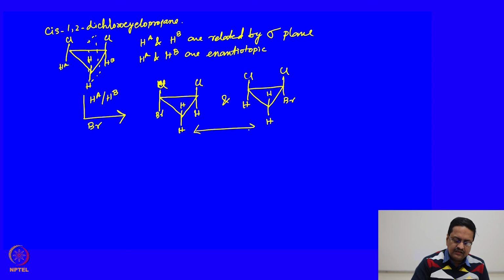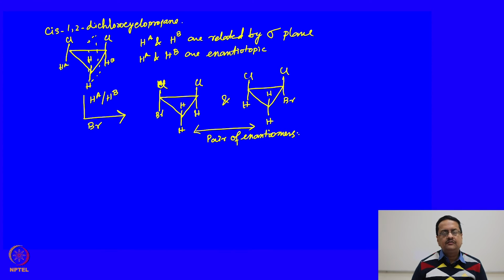These two compounds are again a pair of enantiomers. Therefore, these two hydrogens can be termed as enantiotopic hydrogens. Now, let us move to diastereotopic groups.